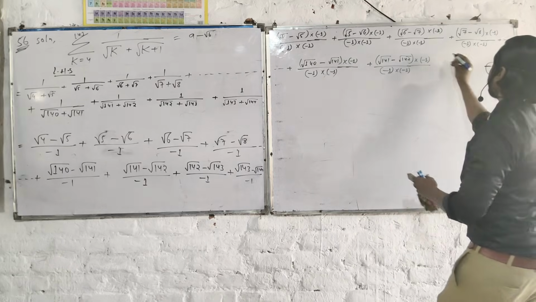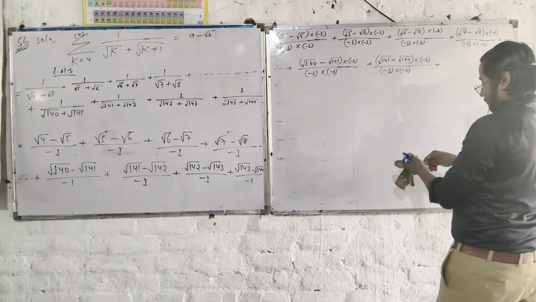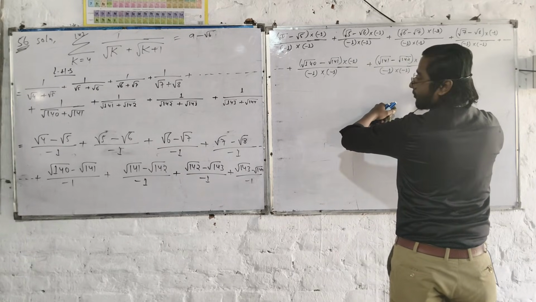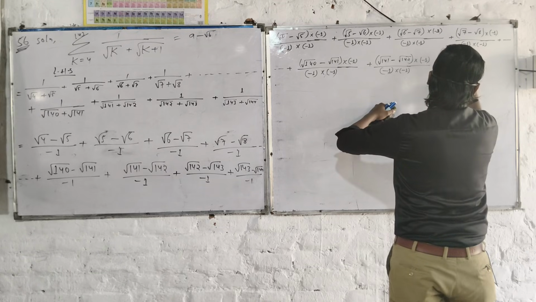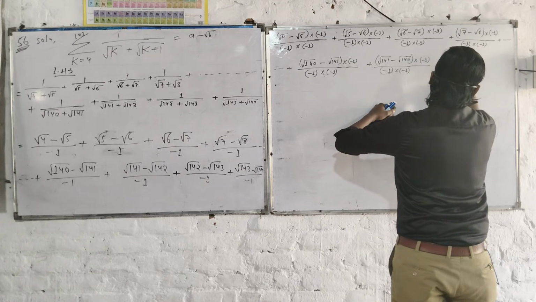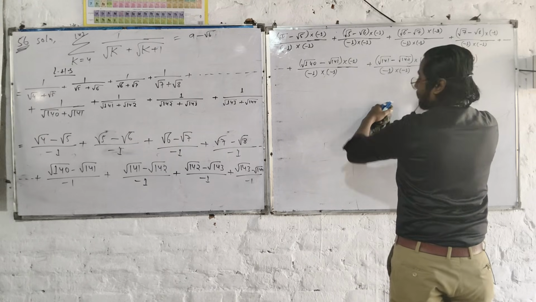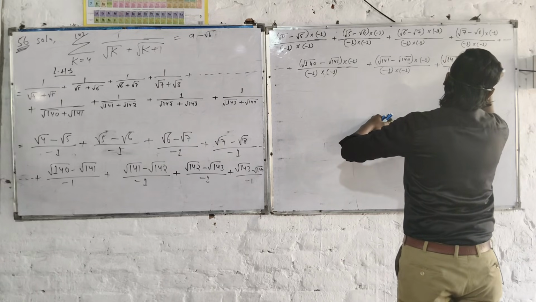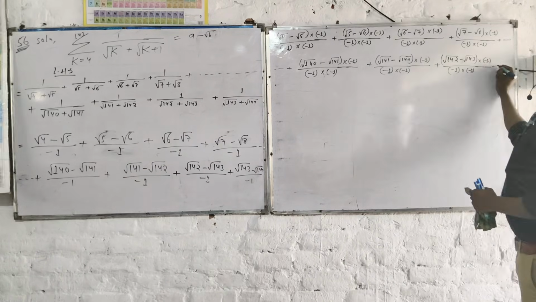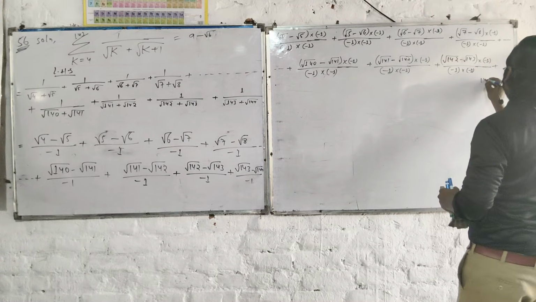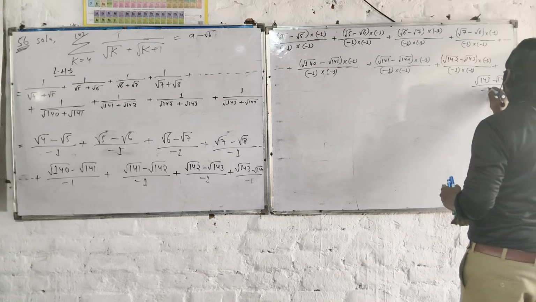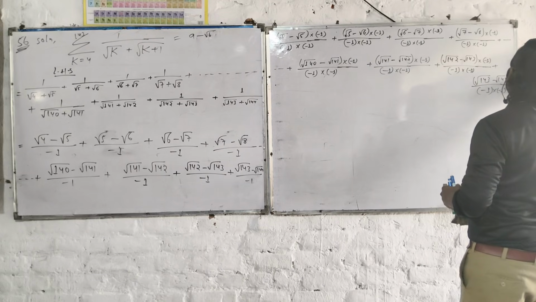Two terms we have written, third term: root under 142 minus root under 143, by minus 1. We can do this. The last term, root under 143 minus root under 144, multiply with the minus 1.